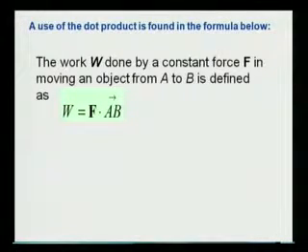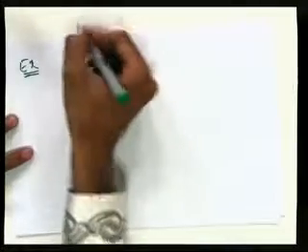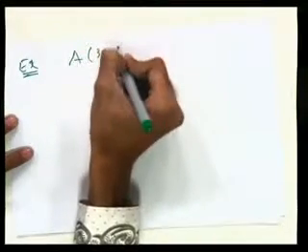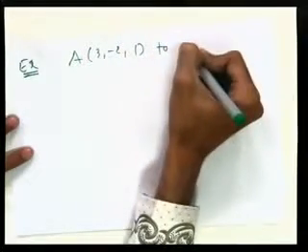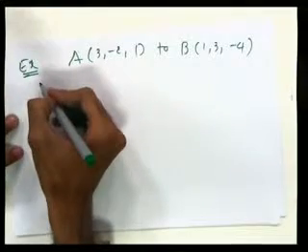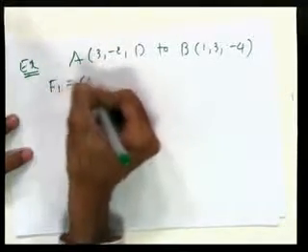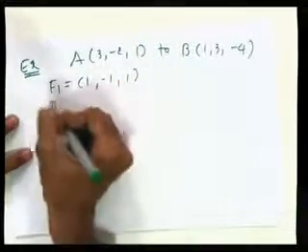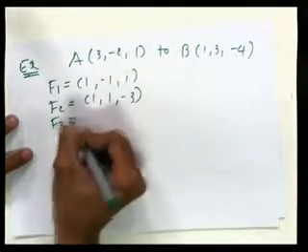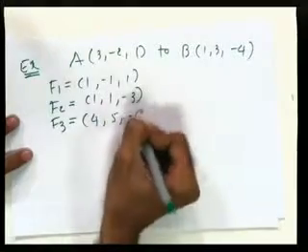Here the question is, a particle moves from the point A 3 minus 2 1 2, to the point B 1 3 minus 4, under the effect of the forces F1 is equal to 4 minus 1 1, F2 is equal to 1 1 minus 3, and F3 is equal to 4 5 minus 6.